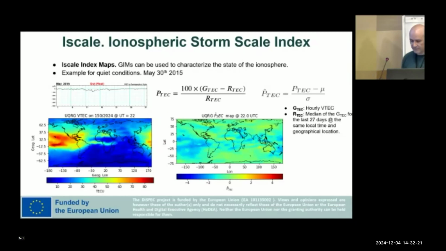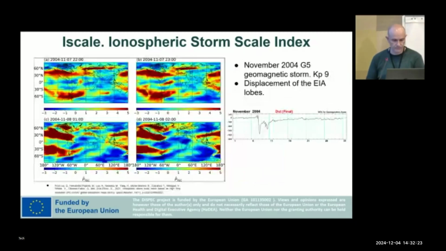What happens if there's a storm? And you see this, and this was very, very strong, that happened in November 2004. The storm we had in May this year was even stronger. And this basically indicates something that we also observed with the storm of May this year, which is that the equatorial ionospheric anomalies, the lobes, displace farther south and north.